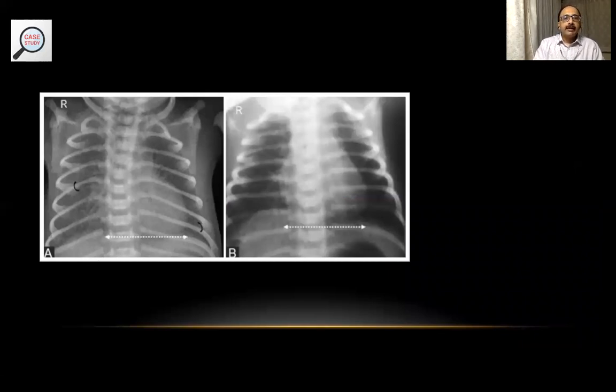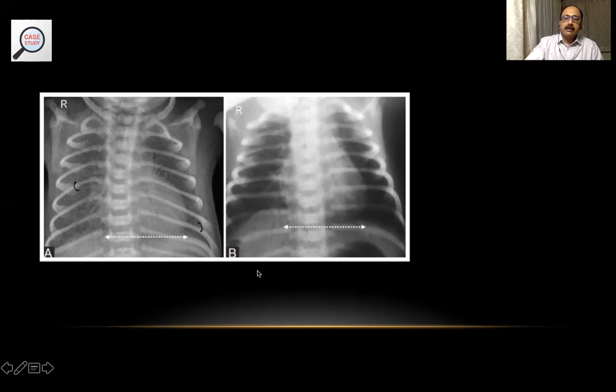What you find here in the first X-ray is bilateral increased vascular markings, which are showing increased hilar vascularity. And the same baby, 24 hours down the line, has clinically stabilized. You don't find any hilar streaks, and the cardiomegaly, which was there, has subsided.